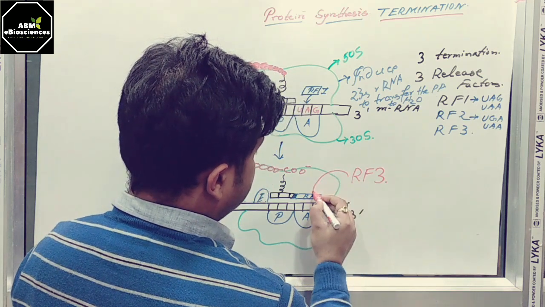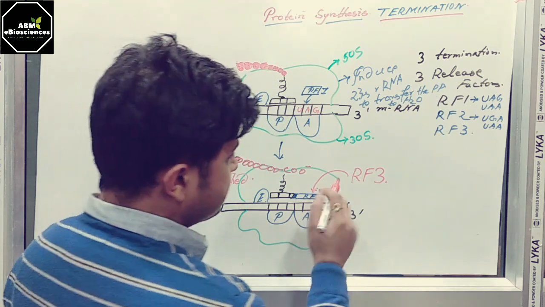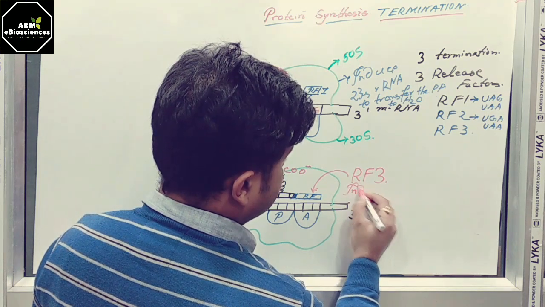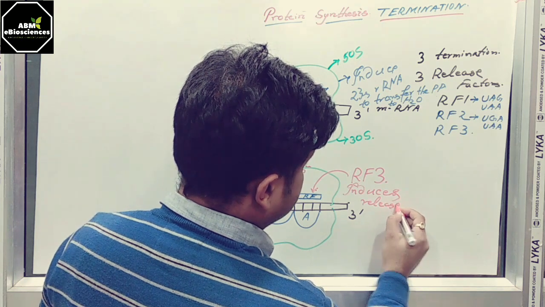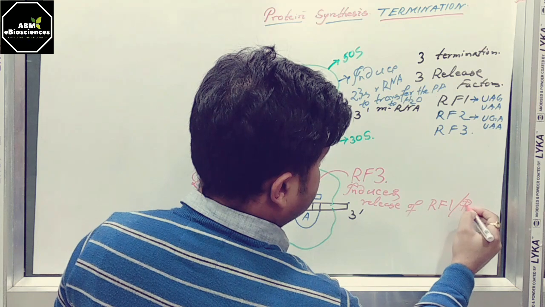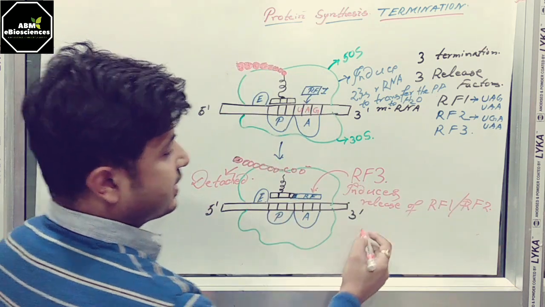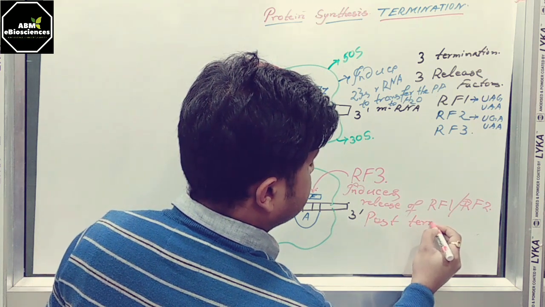What RF3 will do is release RF1 or RF2 from its position. So RF3 induces the release of RF1 or RF2 from the complex, which I will call the post-termination complex.